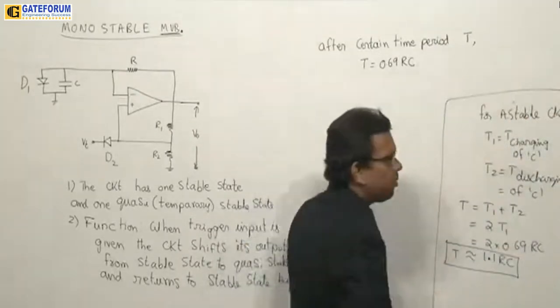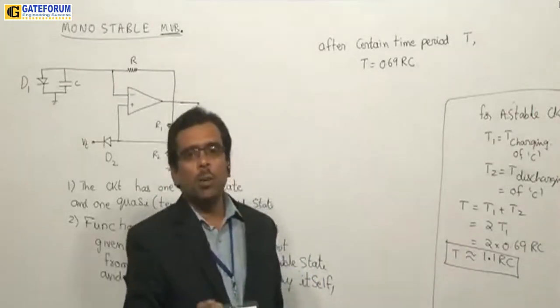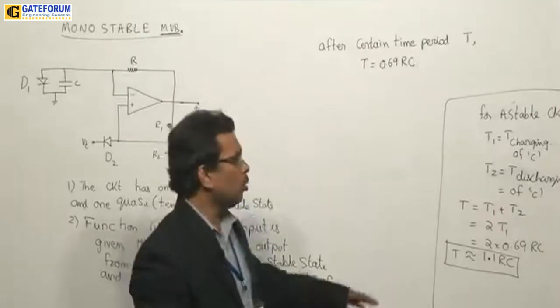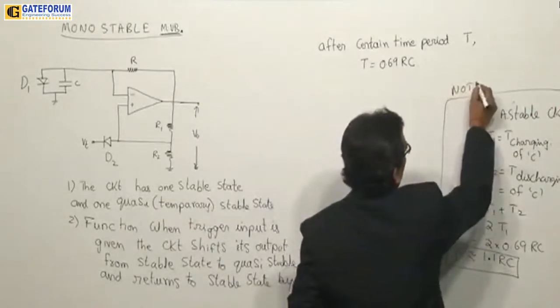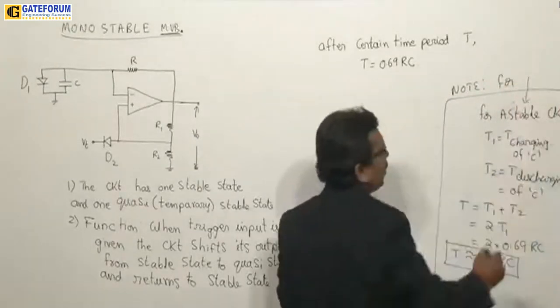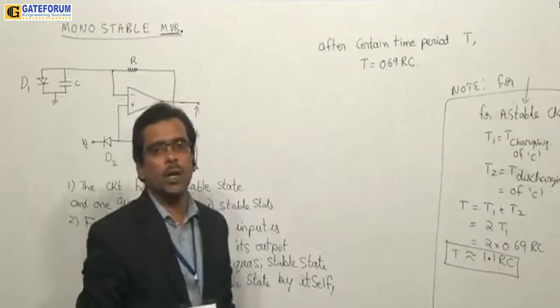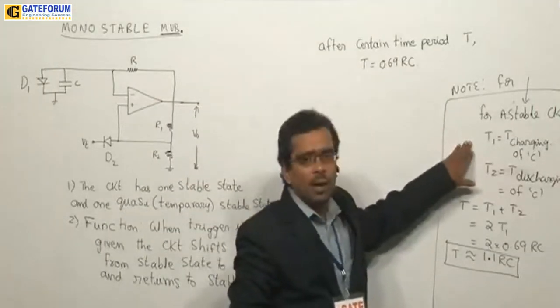So yesterday we have taken only the charging part, okay. So the discharging part also you are supposed to take. So note down for yesterday's circuit. For astable circuit, charging we have done.